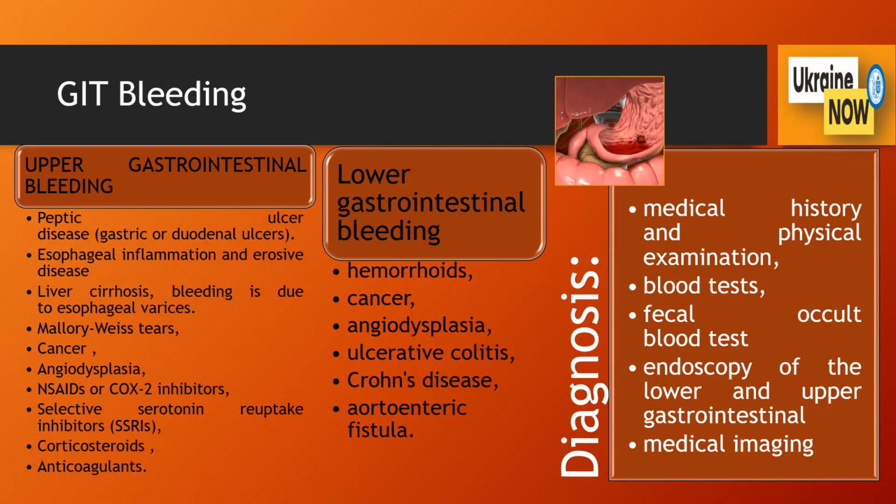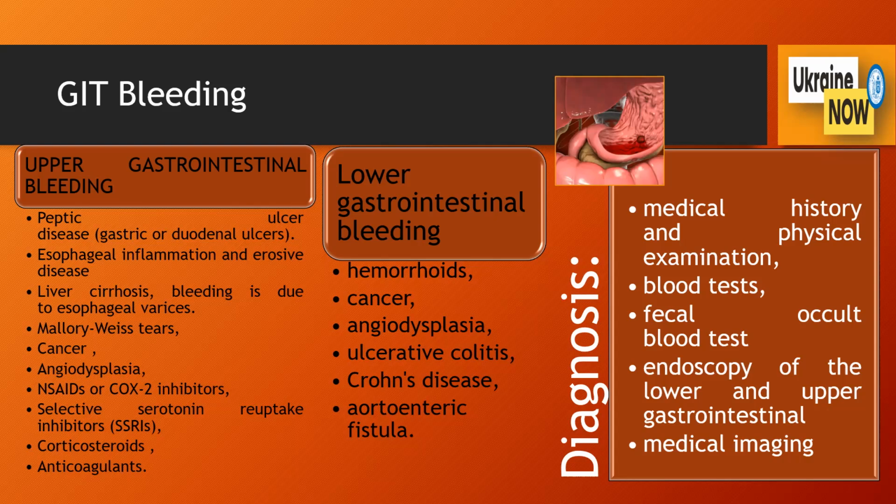Lower gastrointestinal bleeding is typically from the colon, rectum, or anus. Common causes include hemorrhoids, cancer, angiodysplasia, ulcerative colitis, Crohn's disease, and aortoenteric fistula.